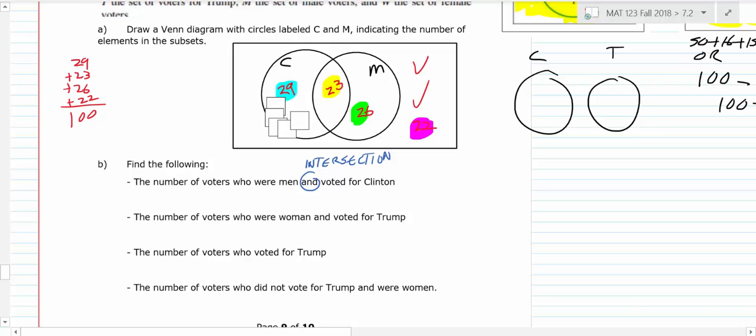So it's the intersection of men and Clinton voters. We say the number of elements of men intersect Clinton voters. That would just be the 23 only.